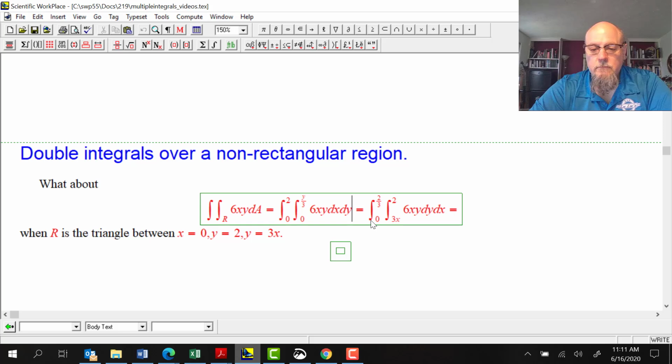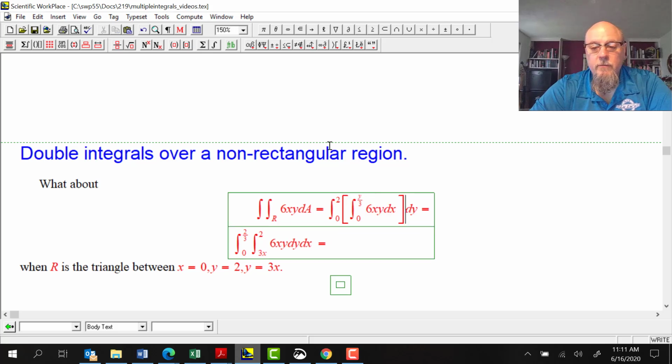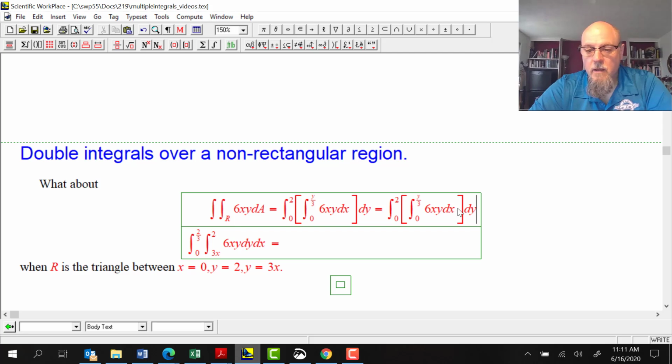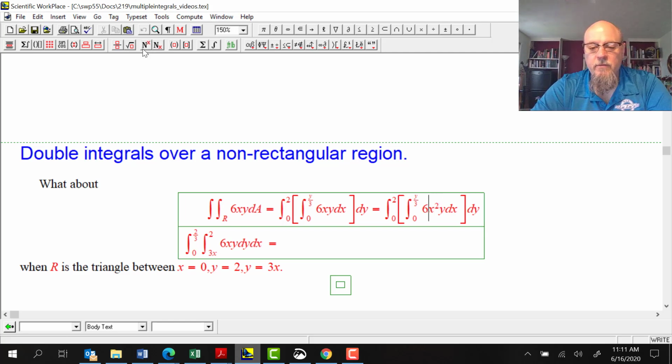I'm going to do this inner integration first, and I'm integrating with respect to x. So that's going to be add one to the exponent, so it becomes x squared, divide by what's up top, so that's a cubed.